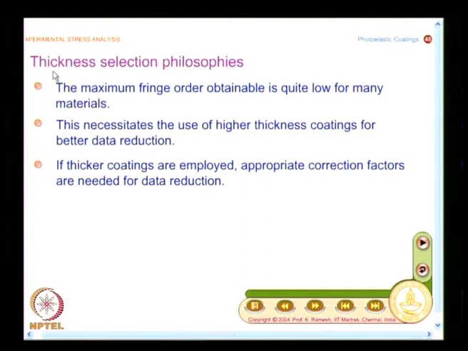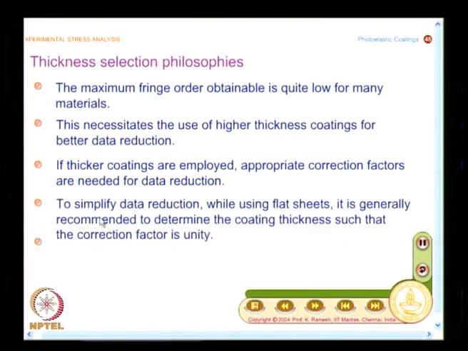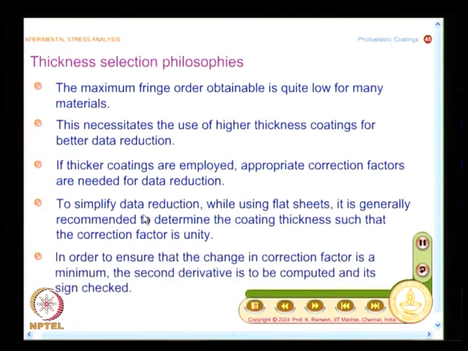So, you need thickness selection philosophies for you to address these issues. And to simplify data reduction, I have also mentioned it earlier, while using flat sheets, it is generally recommended to determine the coating thickness such that the correction factor is unity.